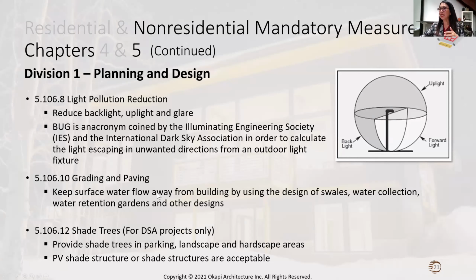And the next one is grading and paving. That's also a newer concept, but it's really architectural 101: you need to keep the water, especially rainwater, on your site rather than letting it slope down to the city, go into the city street, and eventually go to the river or the ocean.